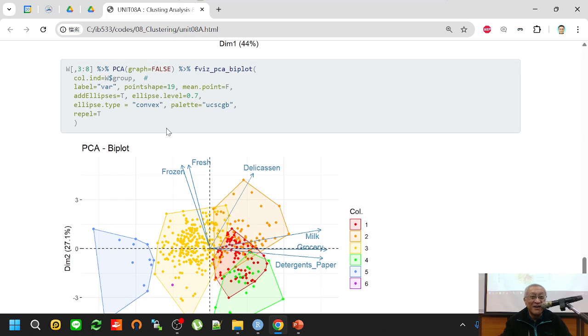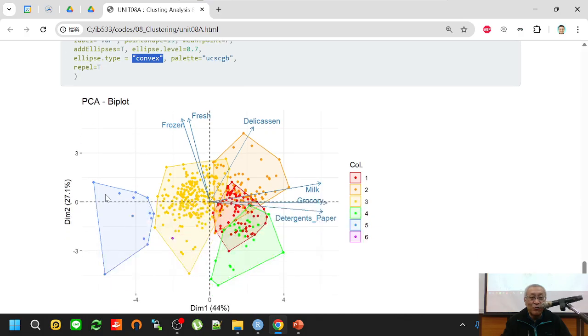Okay, and then I also specify the point shape. I suppress the mean point. Otherwise, you will have a mean point in each group. Okay, and I also specify that I want to use the convex. I want to draw a convex line on the border of each group, right?